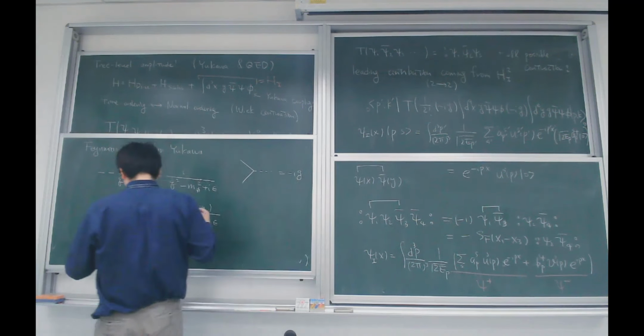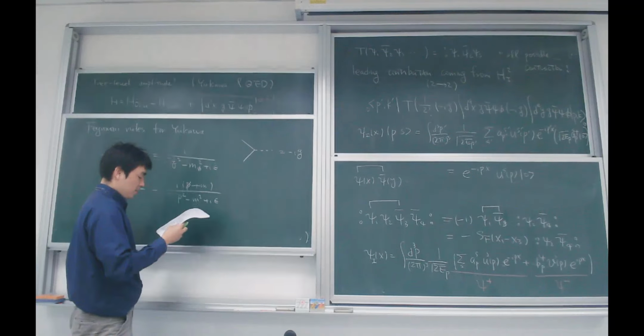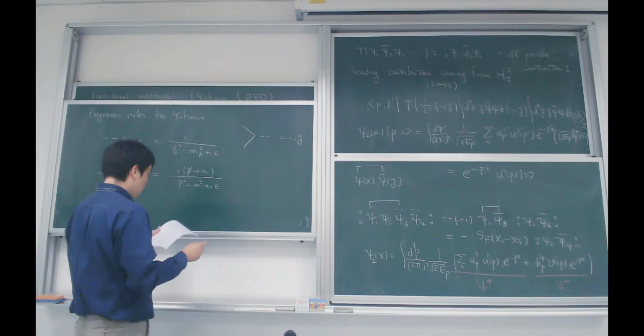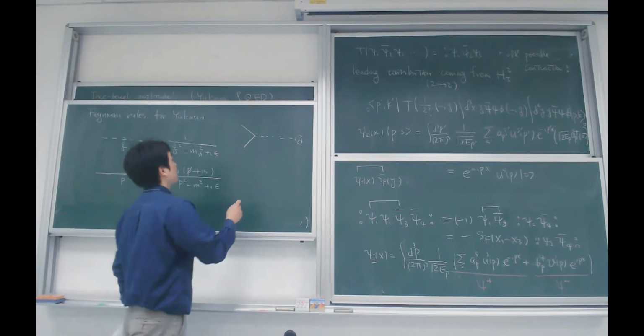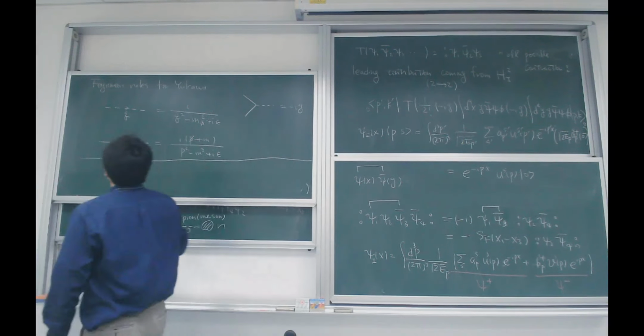So this is the interaction vertex, and these are the external legs.